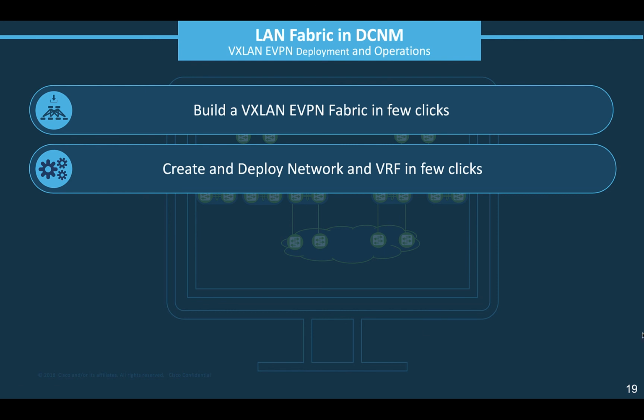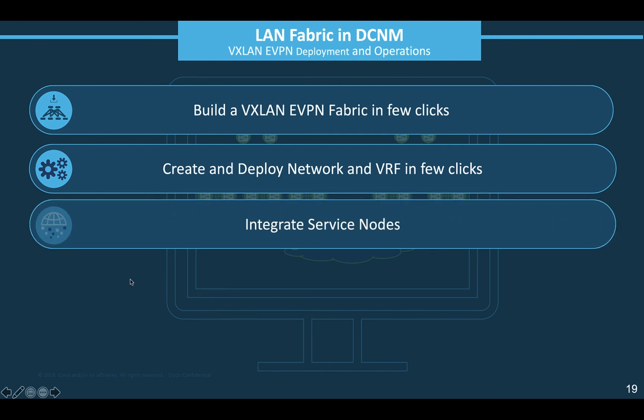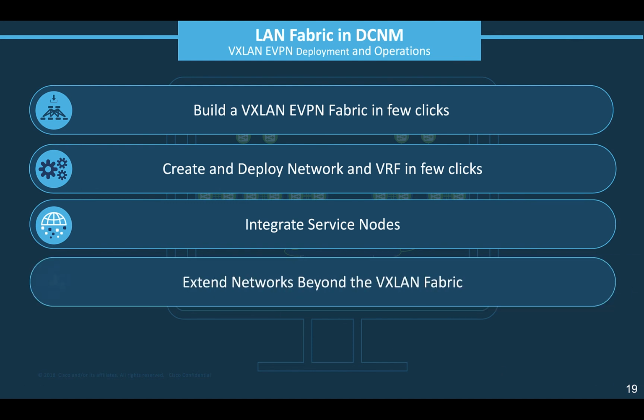The network and VRF deployments are automated and can be extended across multiple sites using just a single pane of glass and a few clicks. DCNM embeds what we call the elastic service functions or applications to insert a firewall or load balancer device, or including the VNF, the virtual network functions, inside the VXLAN fabric for intra-tenant or inter-tenant communications, right?